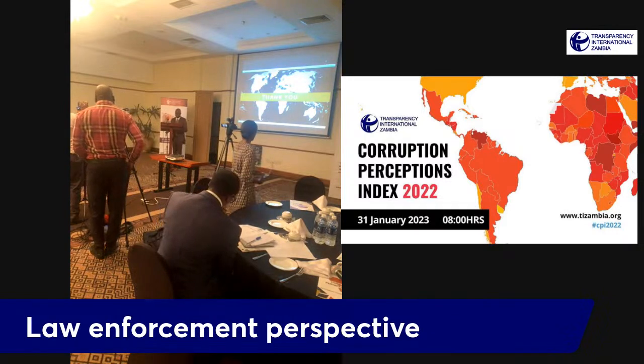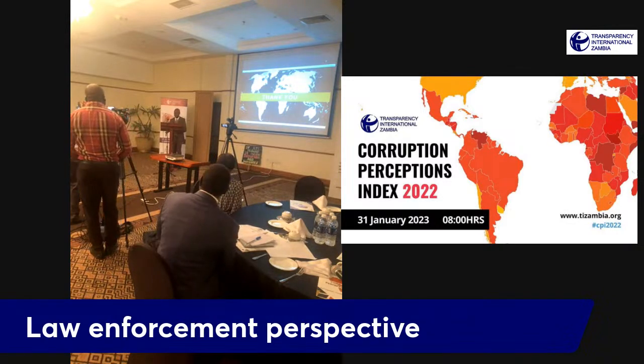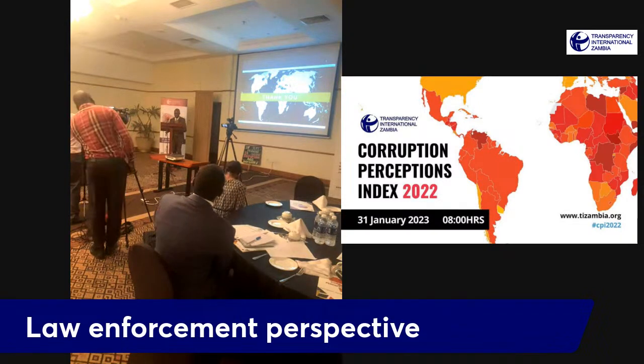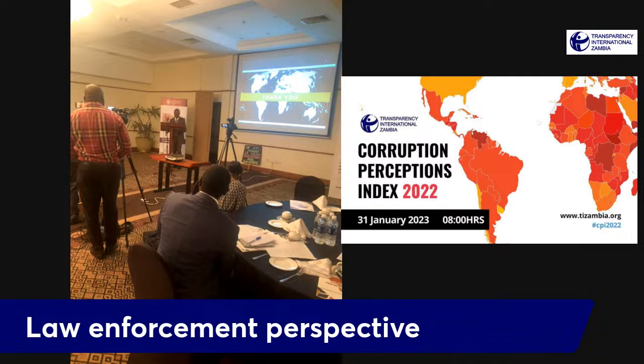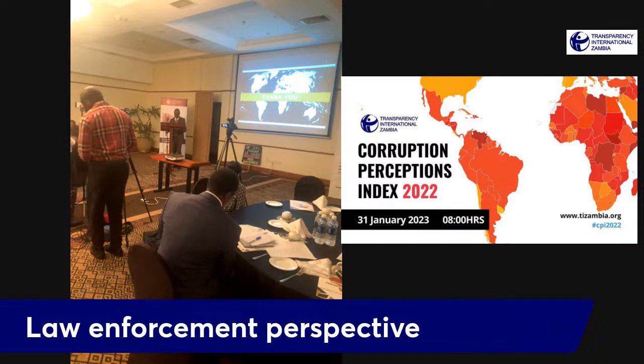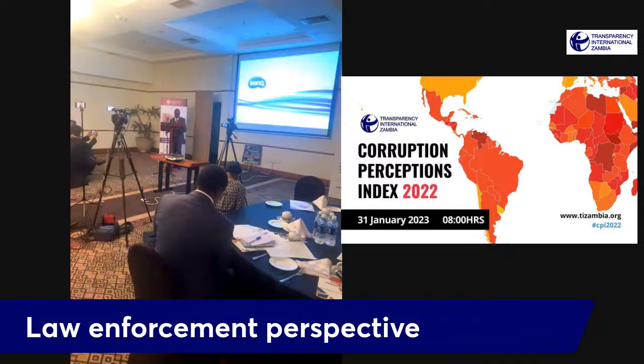However, the Commission notes with concern the score of 33 points for Zambia in this survey, and that it has maintained the score for the third consecutive year. This score indicates that the state of corruption in Zambia has not deteriorated from the previous years.